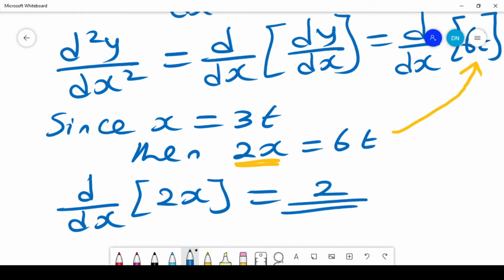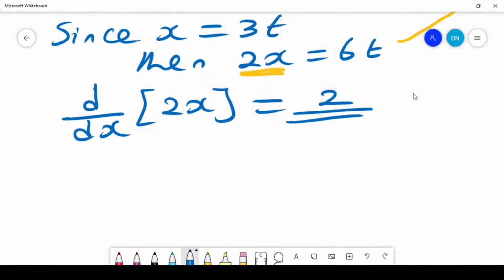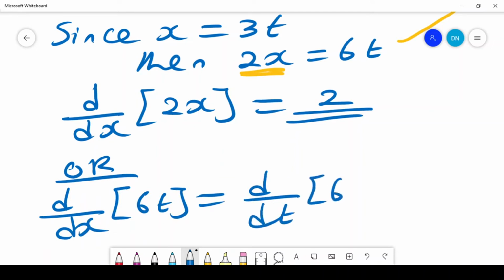Now, if I wanted to use the implicit method, I could have said alternatively that d/dx of 6t will be d/dt of 6t times dt all over dx.